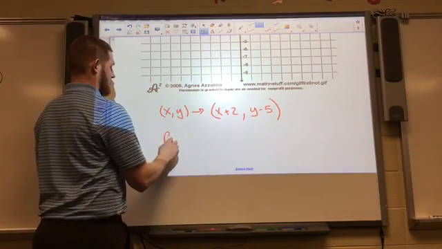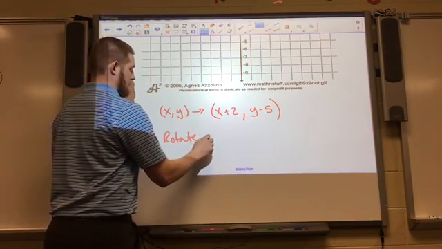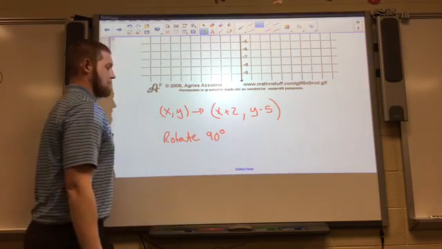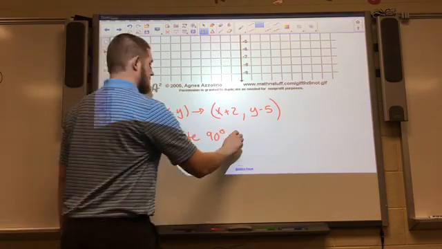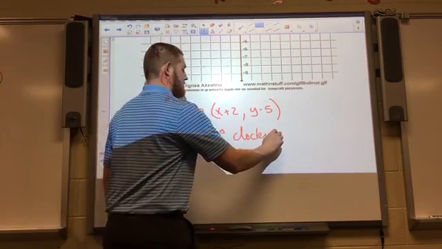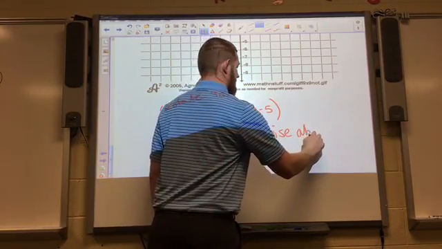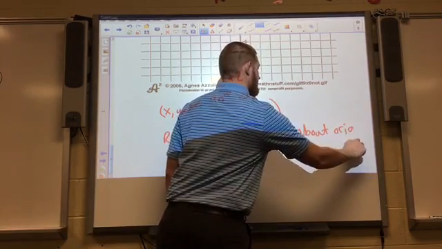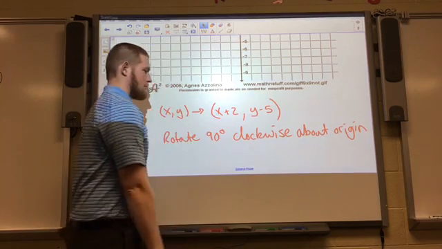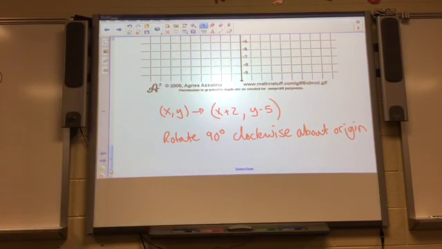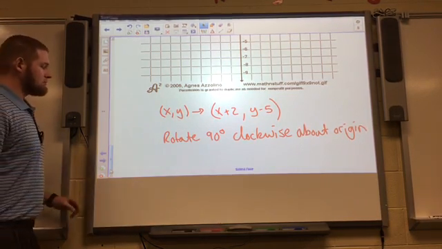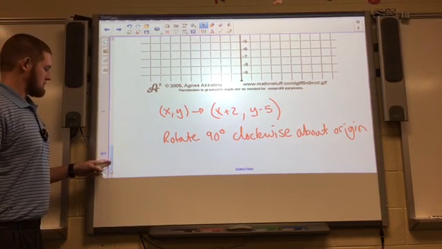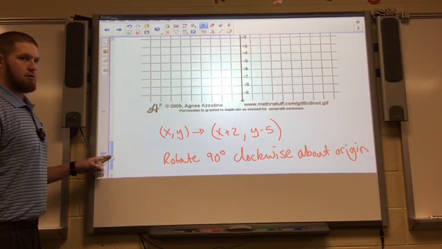And then we're actually going to rotate 90 degrees. Which direction do you want to go? Clockwise. About the origin. Okay. So we're going to translate it, and then we're going to rotate it this time. So we're not doing a glide reflection. We're just going to do a translation, then a rotation. Give you guys 1 second, get that down.